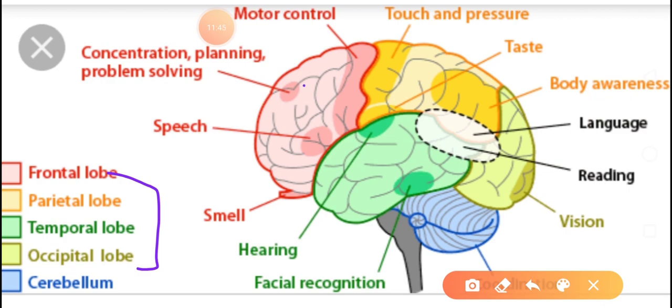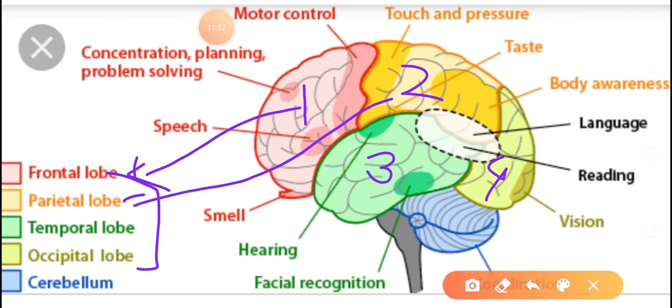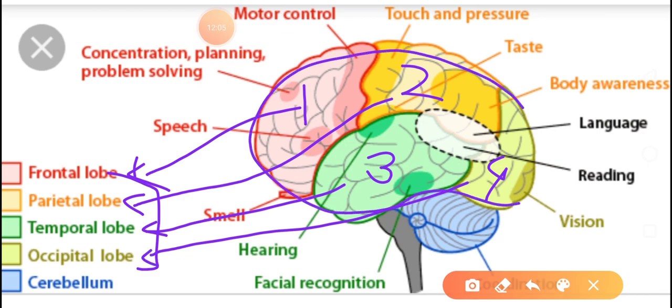So we have all the lobes which are present: frontal lobe, then parietal lobe, temporal lobe, and occipital lobe. So all this is the region of your forebrain.